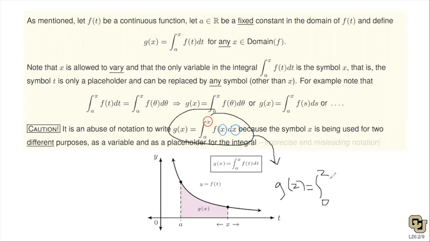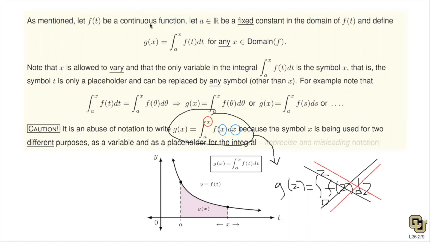So I get a 2 up here, but I also get a 2 here as the dummy variable. I write the integral from 0 to 2 of f of 2 d2, which is total nonsense, right? f of 2 d2, that's not even math. That's just graffiti. So here, be careful. We don't want to write that.